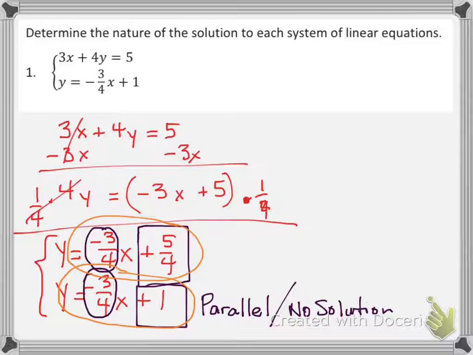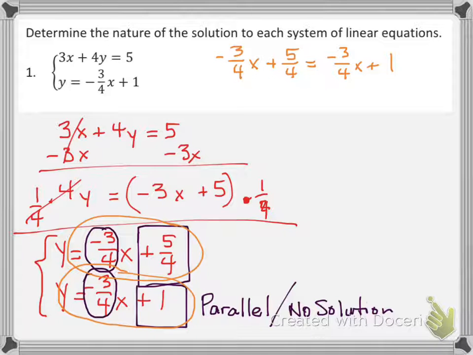So I can say that negative 3/4 x plus 5/4 is equal to the other expression, negative 3/4 x plus 1. And that has to be true because they are both equal to y, and y is equal to y, so they have to be equal to each other.